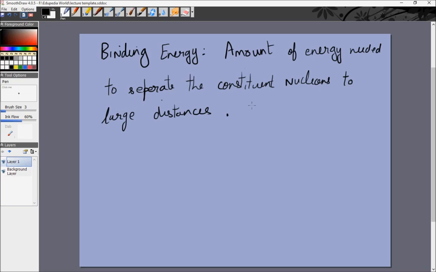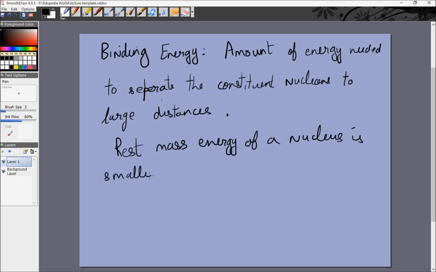Right. Now generally the rest mass energy of a nucleus is smaller than the rest mass energy of constituent nucleons.